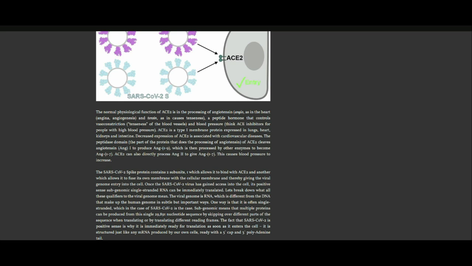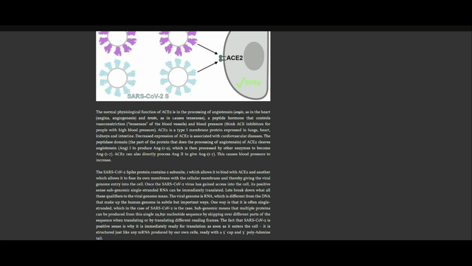The normal physiological function of ACE2 is in the processing of angiotensin. And then I just have here the etymological root of it: angio, as in the heart. Think angina and angiogenesis, and tensin, as in causes tenseness.